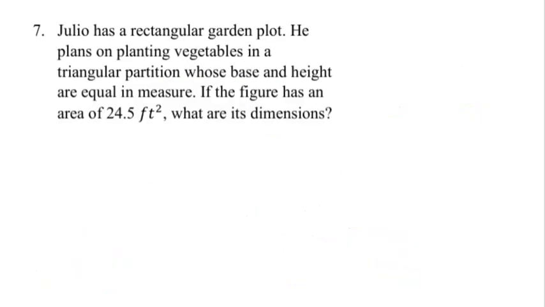Next, question 7. Julio has a rectangular garden plot. He plans on planting vegetables in a triangular partition whose base and height are equal in measure. If the figure has an area of 24.5 square feet, what are its dimensions? So we know this is a triangle. And to find the area of a triangle, it's going to be base times height divided by 2.